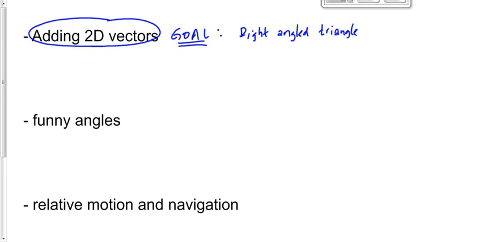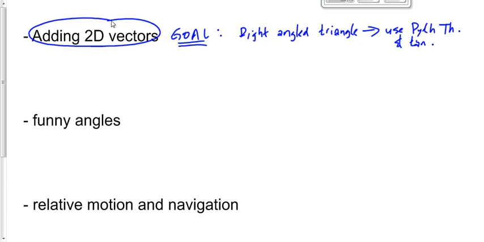And why do we want the right-angled triangle? Because when we have a right-angled triangle, we can use the Pythagorean theorem and the tan function to get what we're looking for.